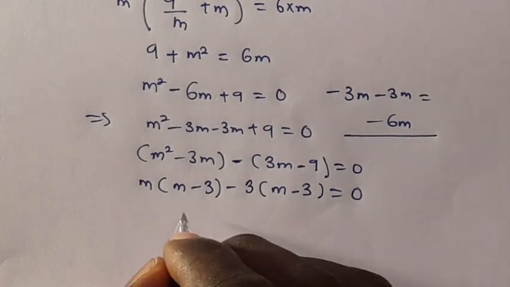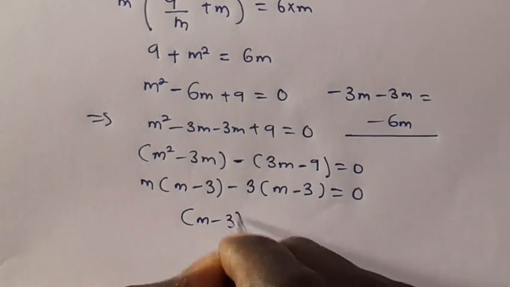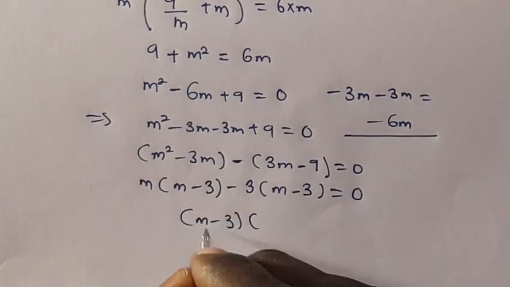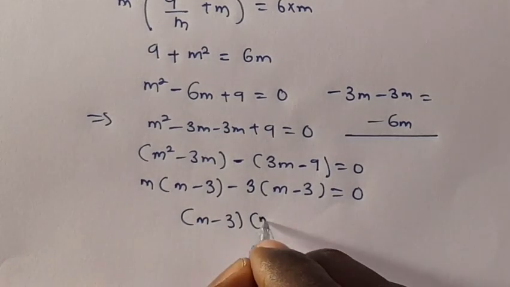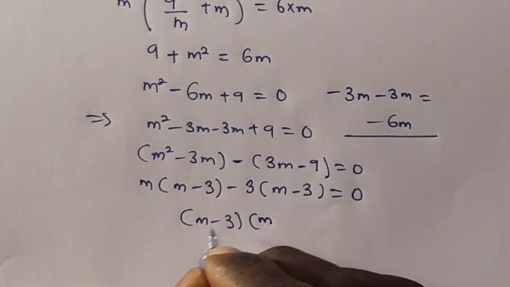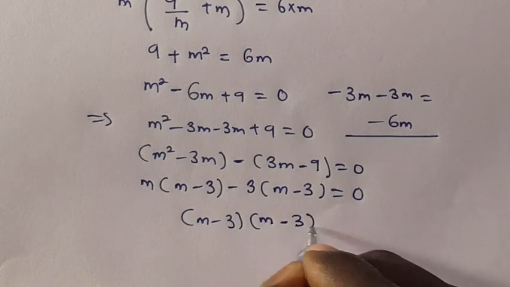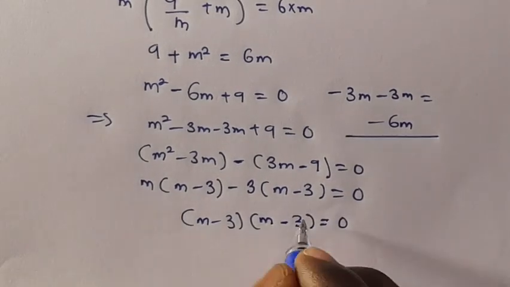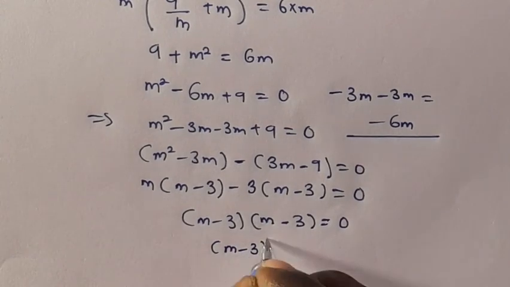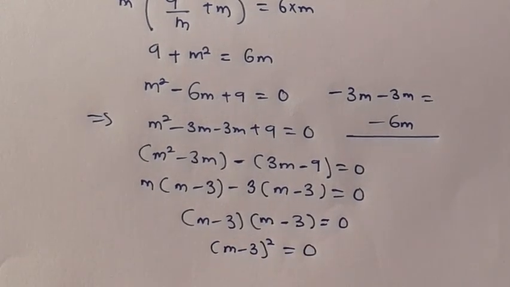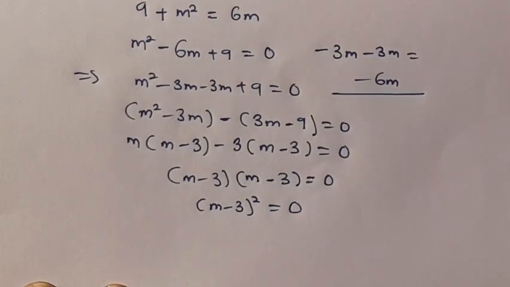We have m minus 3 times m minus 3 equals 0. We have this twice, so we can have m minus 3 all squared equals 0.